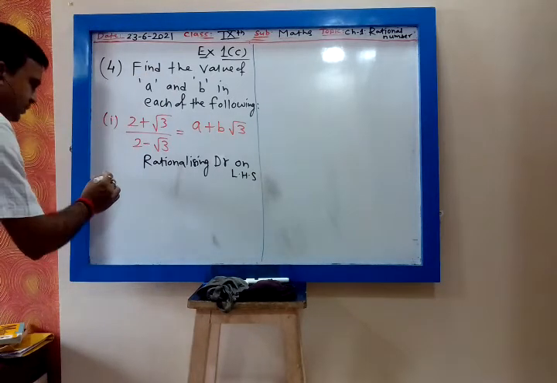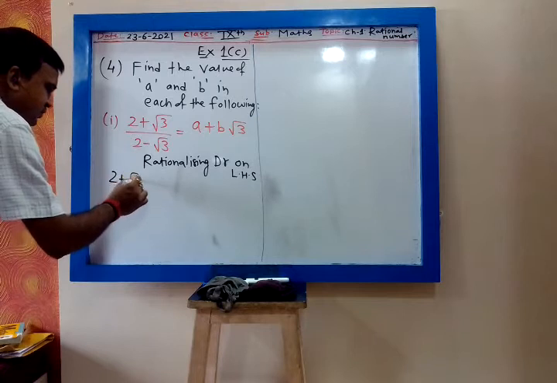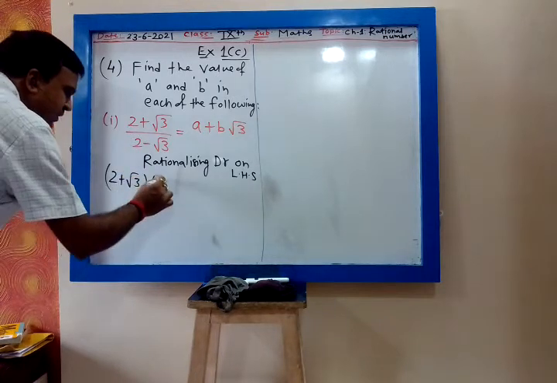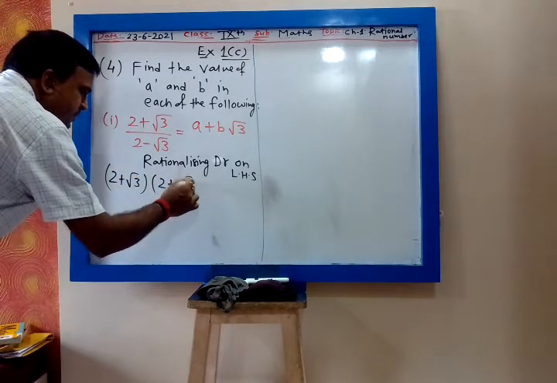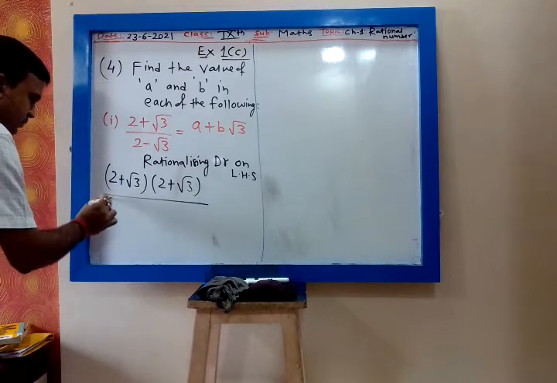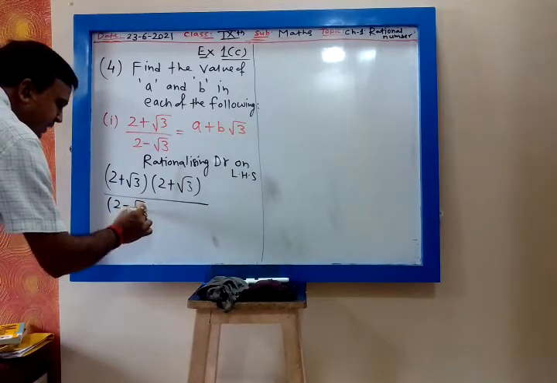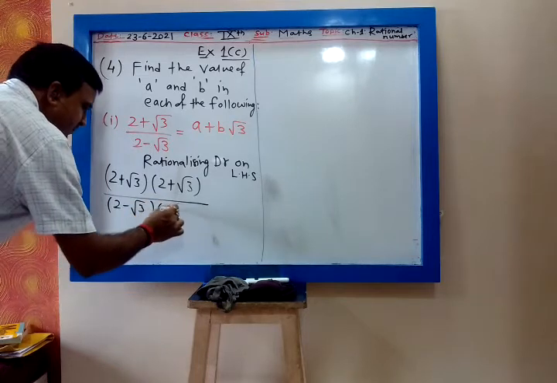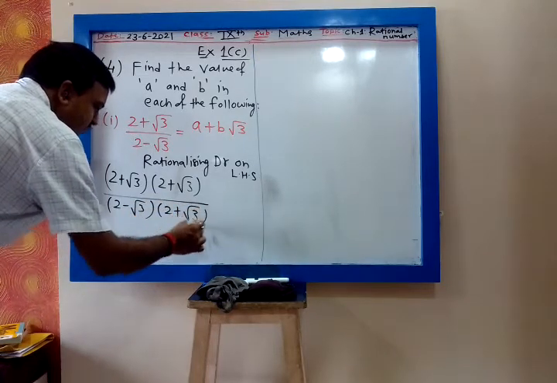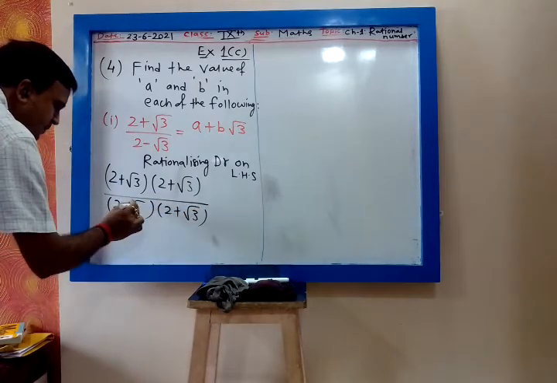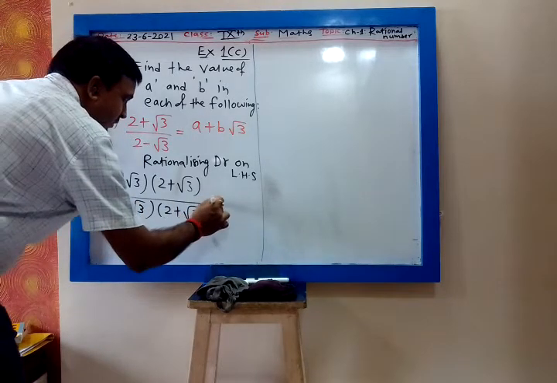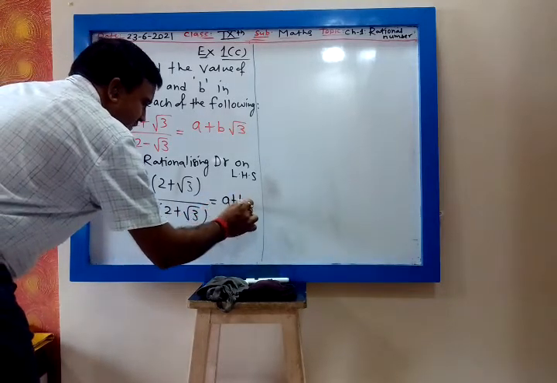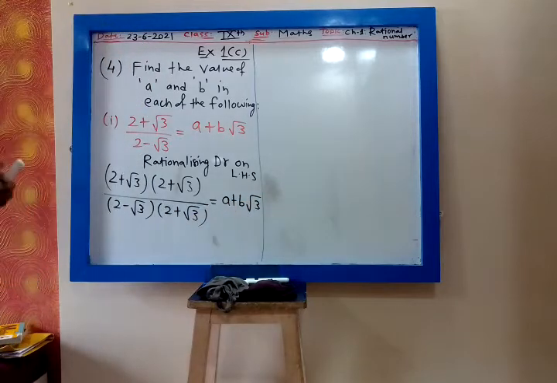We multiply by 2 plus root 3 in the numerator, and in the denominator also 2 minus root 3 by 2 plus root 3. The right hand side we keep as it is.